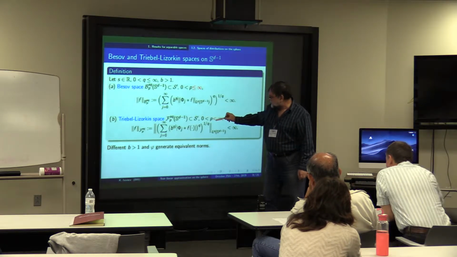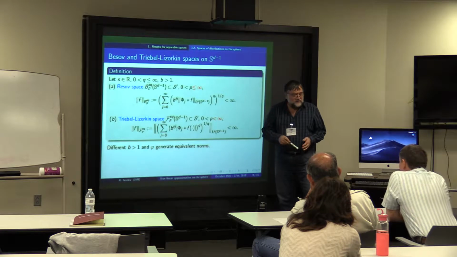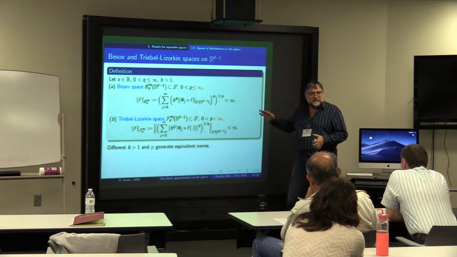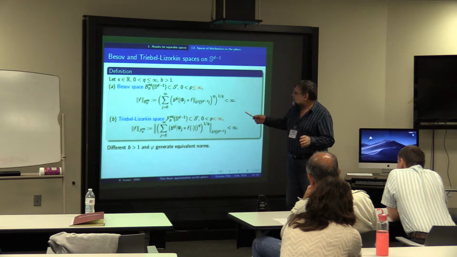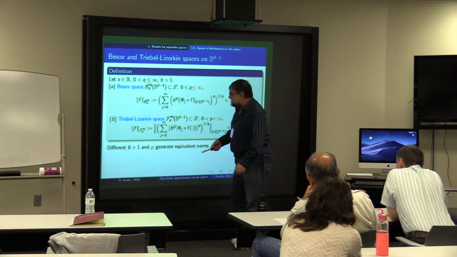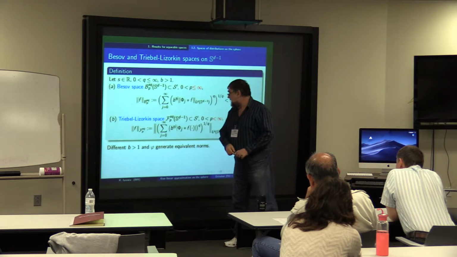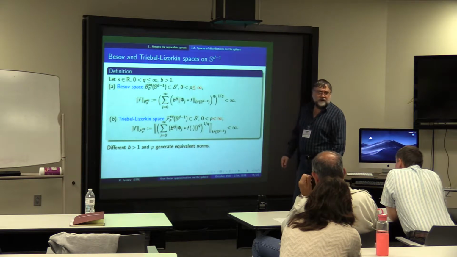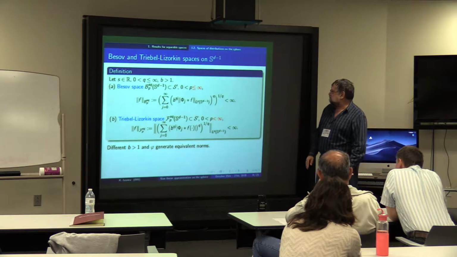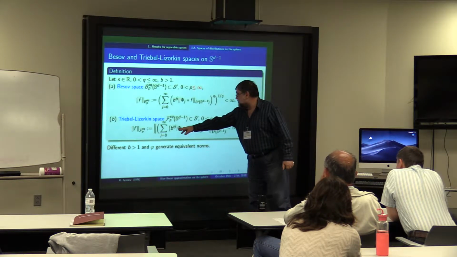Whenever p is equal to infinity, we have a separate definition which goes to BMO in the second part of the talk. Now, no matter how big b is, bigger than 1, and what the function φ is, they always generate the same spaces with equivalent norms, so these definitions do not depend on the function φ and the parameter b.